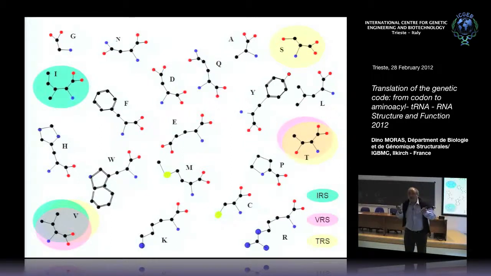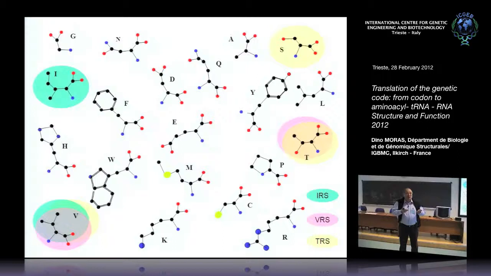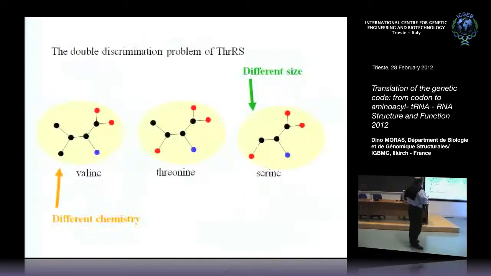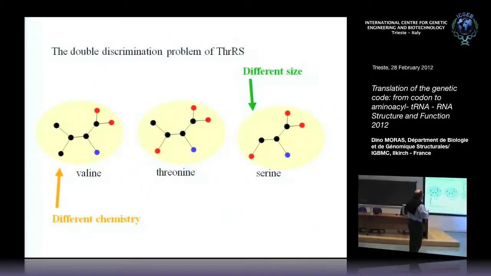sufficient for fidelity. And in that case, you are in trouble because, for example, the threonine tRNA synthetase that we'll look at, between the serine and the threonine, you see that the difference is just one methyl group.